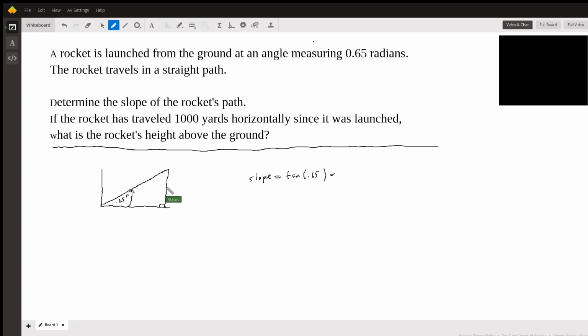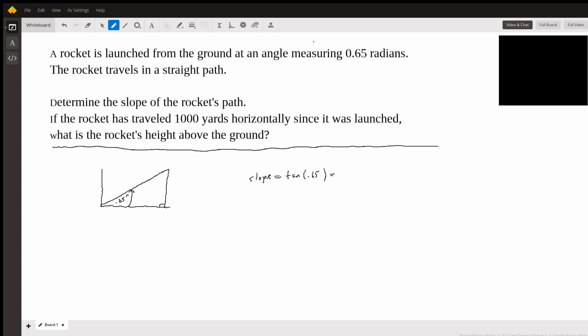Because tangent is just rise over run. It's opposite over adjacent. You see that's the rise, the opposite. And then the adjacent, which is run, rise over run, is tangent. And so I'm going to make sure my calculator is set in radians.